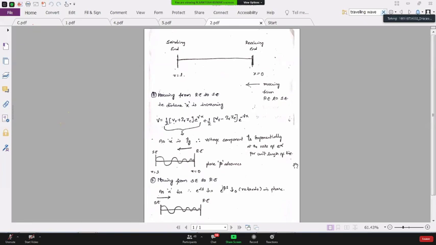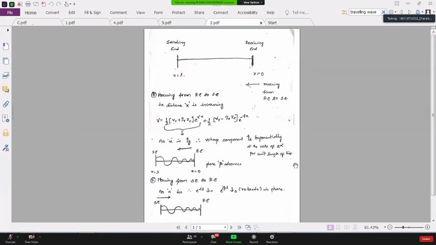From the equation, we will conclude that as the x value increases, the whole term value will increase. Very good. As we are considering the reference point as the receiving end, as we move away from the receiving end towards the sending end, the distance will increase, thereby the magnitude of the v value will increase.